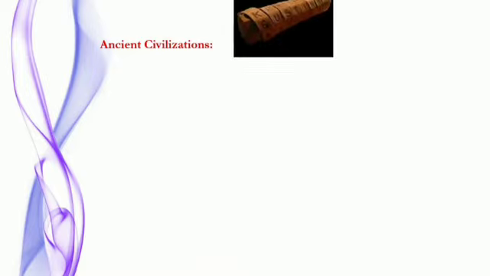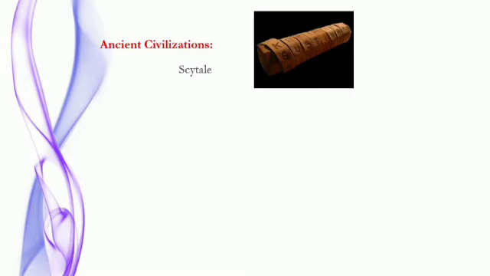So in that case, the first found cryptography tool is called Skytail, and it was used by the Spartans, and those military army were ferocious, and they kept on conquering all the kingdoms and territories they visited.